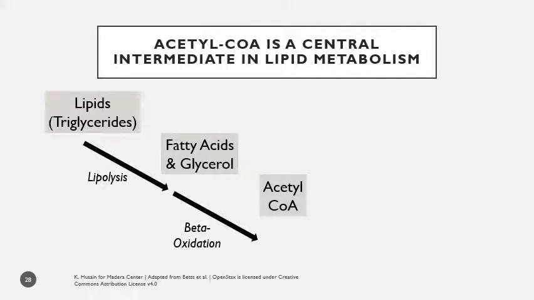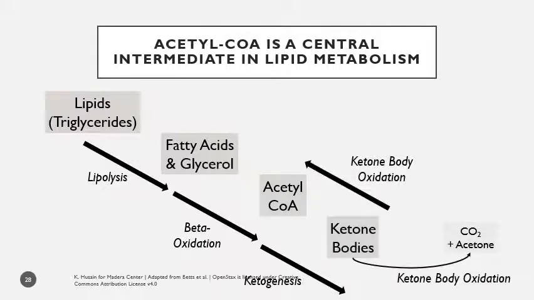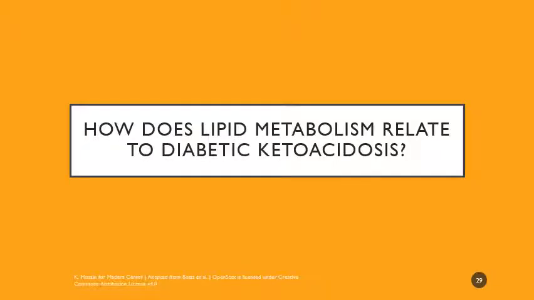Beta oxidation takes those and turns them into acetyl-CoA. So we have this acetyl-CoA as a central intermediate. That can then be used to form ketone bodies through ketogenesis. When you have the oxidation of those, ketone body oxidation, you can either produce carbon dioxide and acetone or continue on to acetyl-CoA, which can then be transitioned back into fatty acids and glycerol through lipogenesis. And you have this full coming back of all that process.